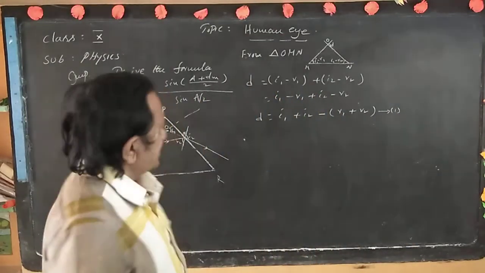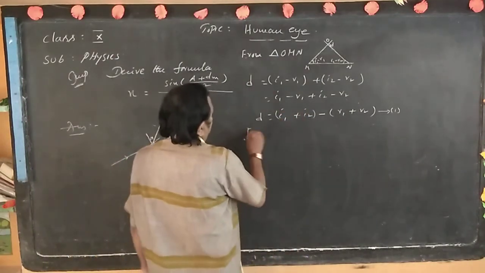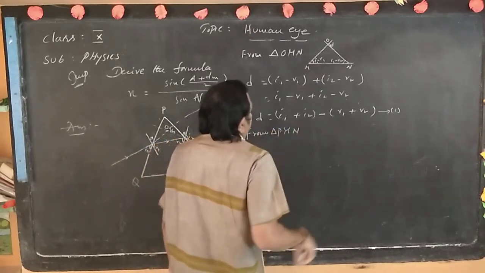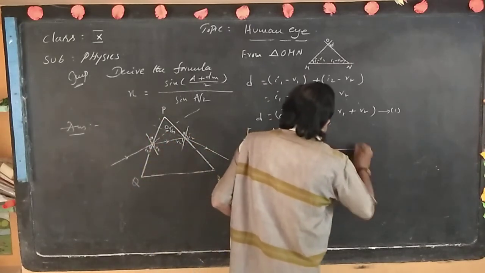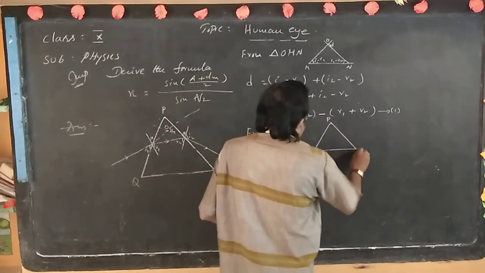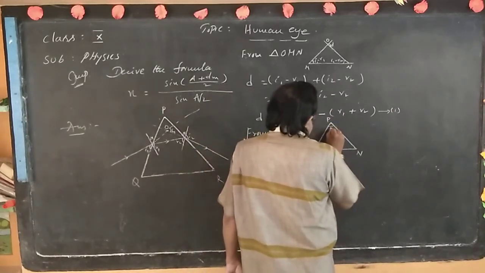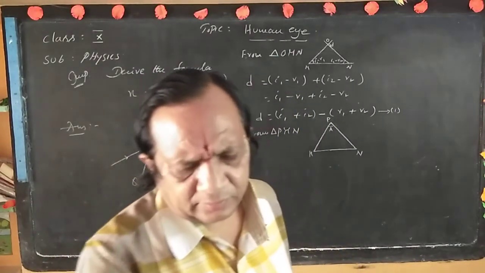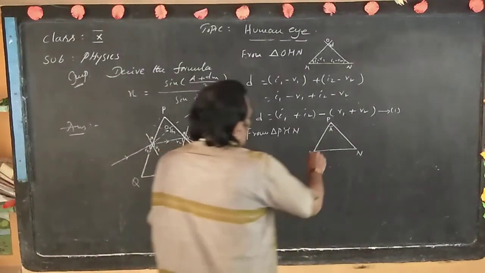Now consider another triangle, PMN. In this triangle the angle of the prism at P is A. Sum of the three angles in a triangle is equal to 180 degrees.